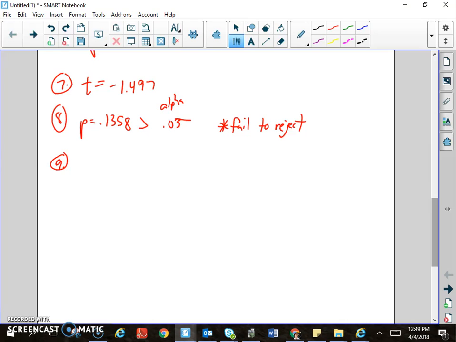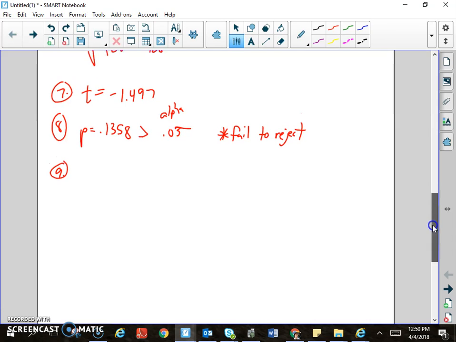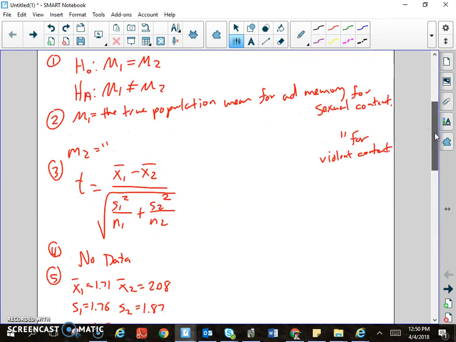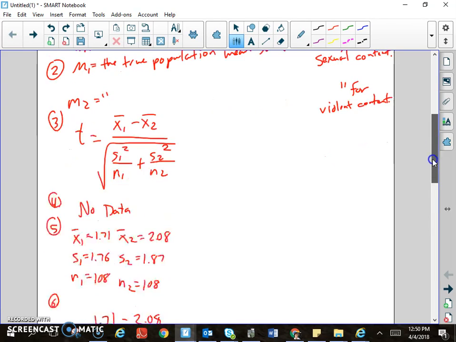So following that template down there, you'd say our p-value is 0.1358. We failed to reject the null. There is not sufficient evidence at alpha equals 0.05 to suggest that the difference, because that's what we're doing, right? To suggest that the difference, and then there's an additional blank, because you have to restate both parameters, mu 1 and mu 2.